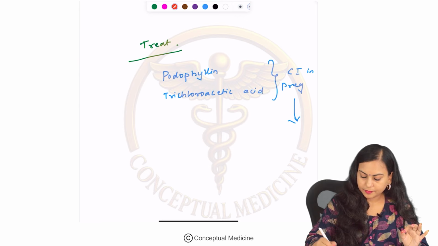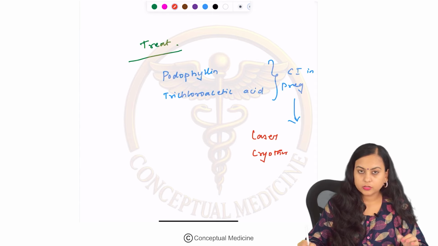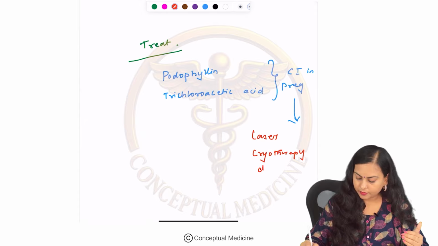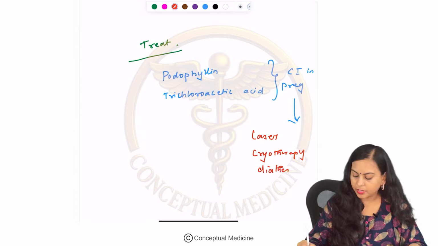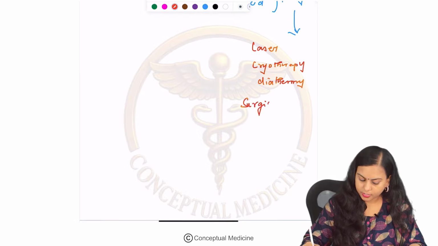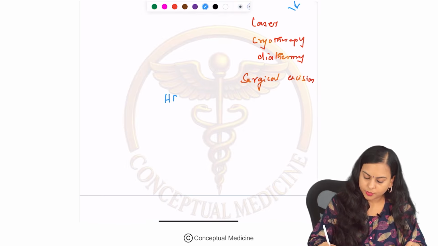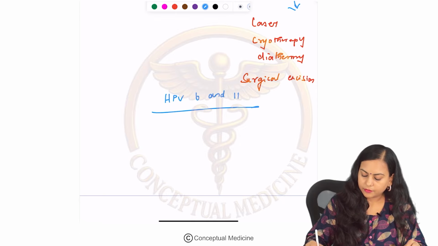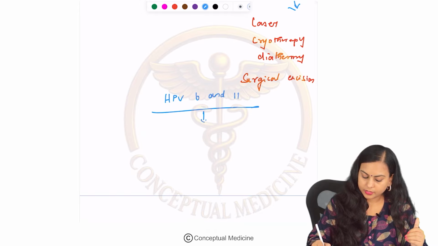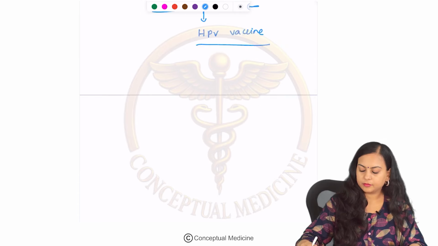You will offer them laser or cryotherapy or even diathermy, or directly go for surgical excision. You can also give them the HPV 6 and 11 preventive vaccine, that is, the HPV vaccine can be given.